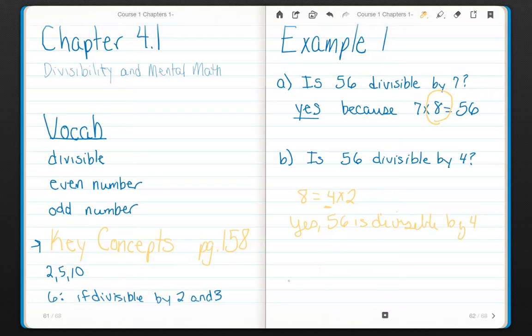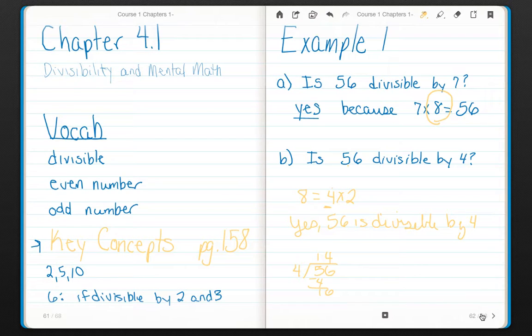If I wanted to, I could prove it. 56 divided by 4, it goes in 14 times. But I don't want to prove it necessarily. I want to be able to use mental math to make that decision. So because 4 is a factor of 8, and 8 is a factor of 56, then 4 must also be a factor of 56.